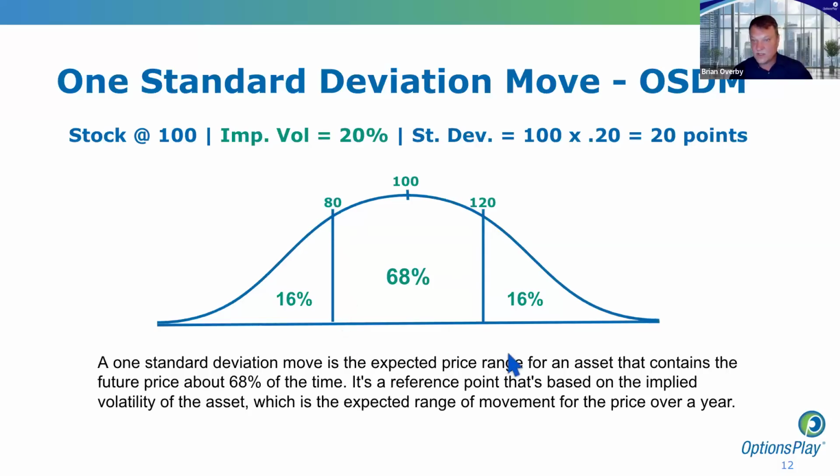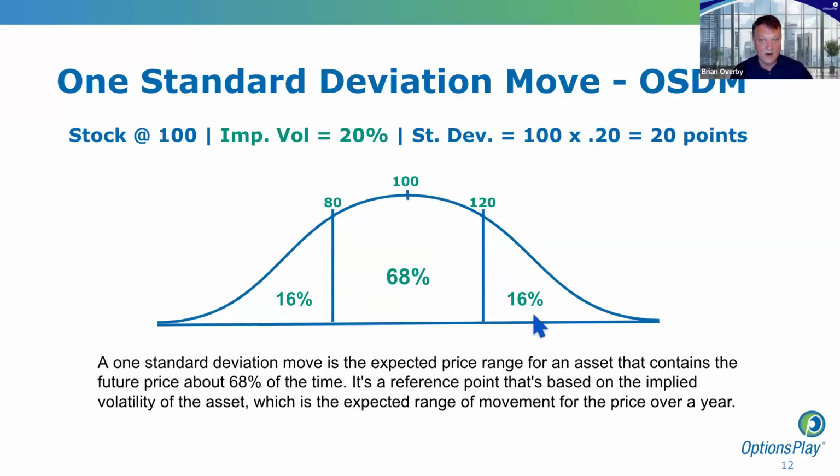And the math kind of works out, because we're just talking about quick and dirty math, that it's usually about double the probability of finishing. So if it's 120 and we see it at 16%, if you want to do quick and dirty math, it usually means about 32% of the time it's actually going to at least touch that over the 1 year period. Might finish in this range, but it could touch that.